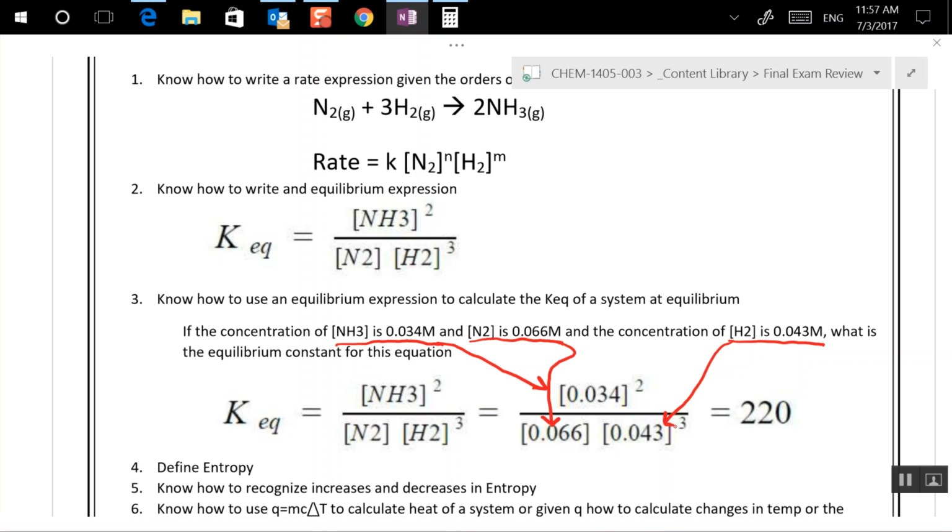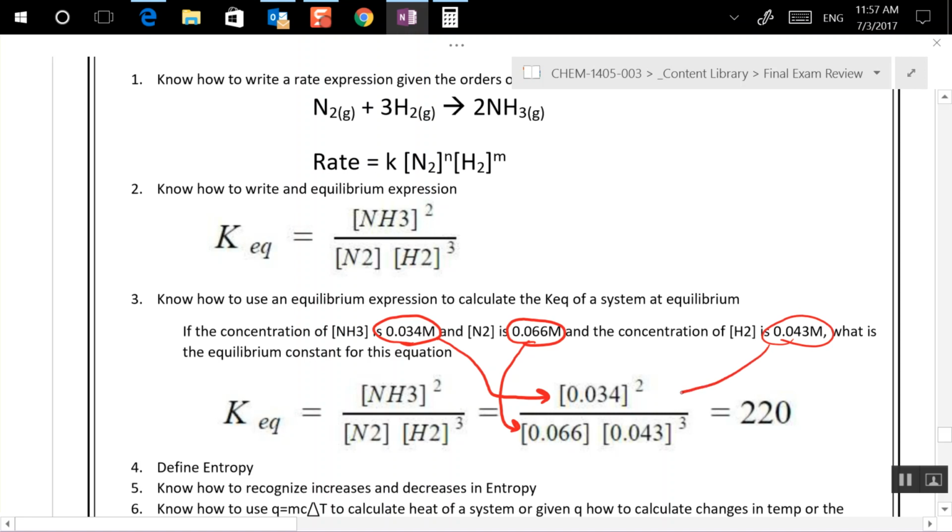Yes? I took a picture of a question because I didn't understand it. There was a reaction of A plus 2B plus C yields D plus 2E. Is it first order in reactant A, first order in B, and second order in C? What is the rate? So this is a homework question?